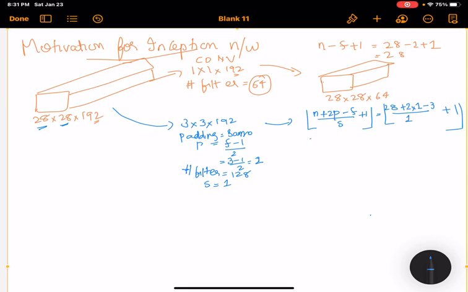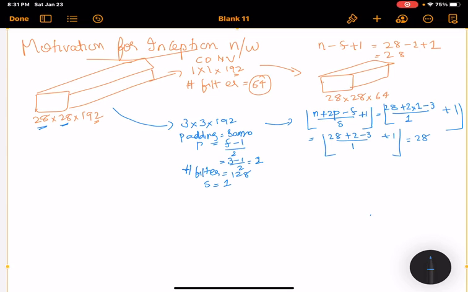So this will give us an output of 28 plus 2 minus 3 by 1 plus 1, which is nothing but equal to 28.